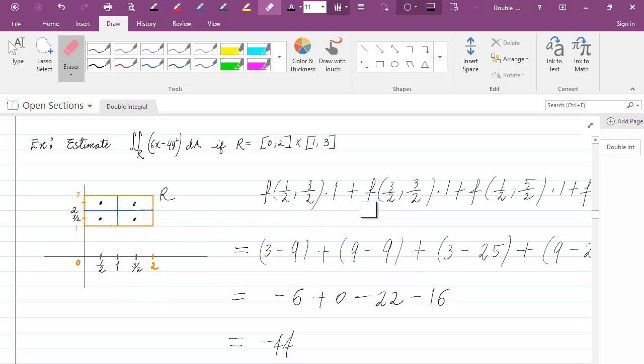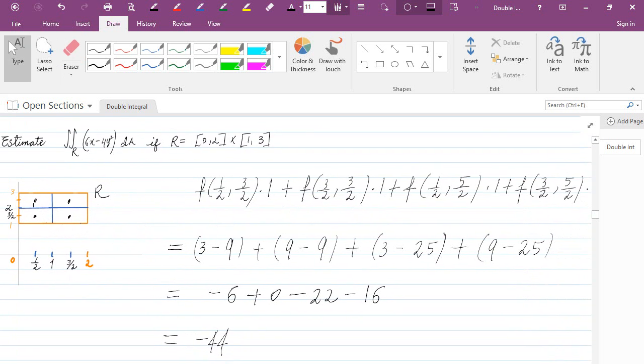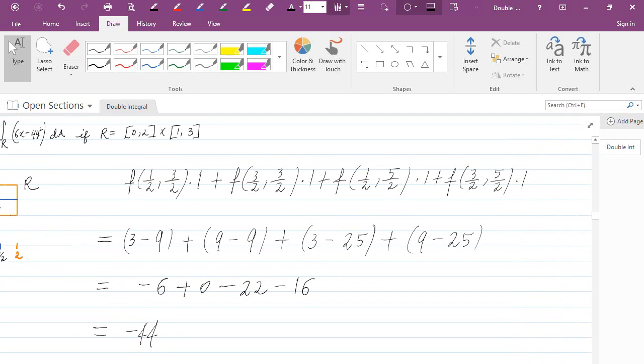So I evaluate f at this point, multiply by the area of that subrectangle, and I do the same thing in this subrectangle. The midpoint is 1/2 and 5/2 here. So f of 1/2 comma 5/2 times the area of this subrectangle, which is 1, and the last one, this midpoint here is 3/2 and 5/2. So f of 3/2 comma 5/2 multiplied by 1.